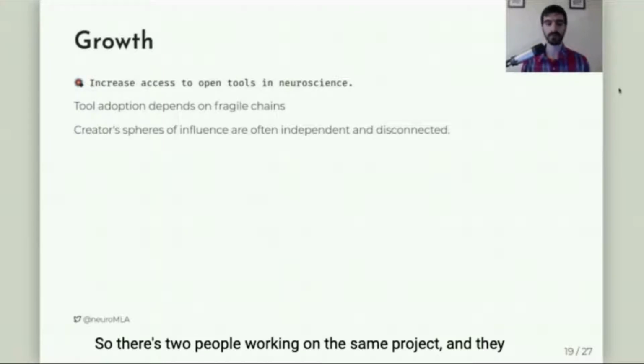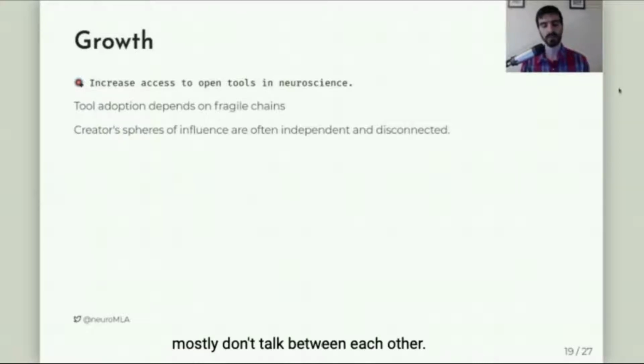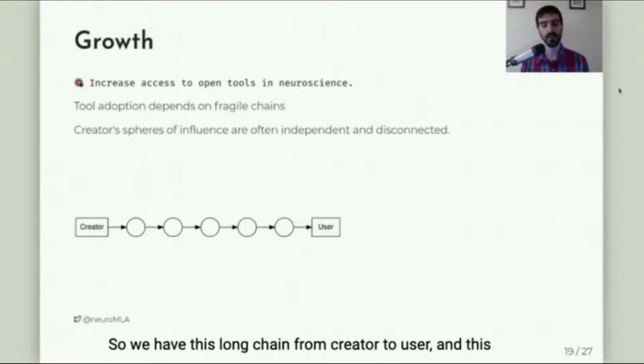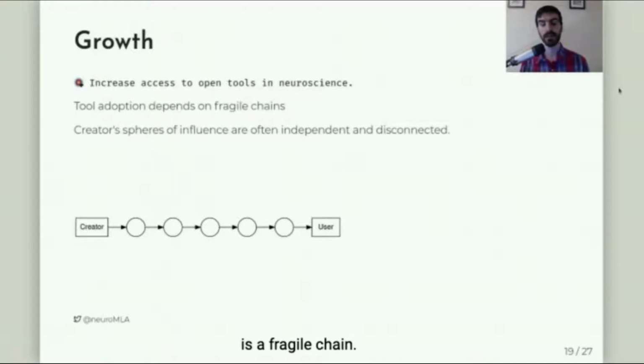So there are two people working on the same project, and they mostly don't talk to each other, and their users also don't necessarily know each other, at least in their immediate spheres of influence. So we have this long chain from creator to user, and this is a fragile chain.